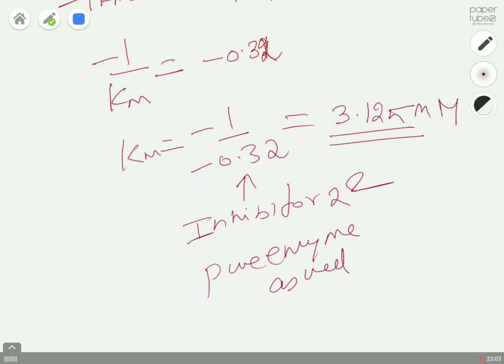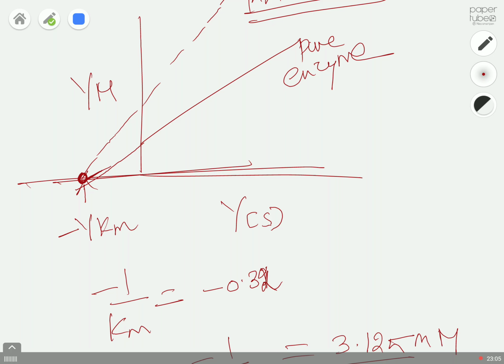Sorry, it will hit around 3.2. Let me check exactly where it hits. This intercept will cut at exactly 0.3125.